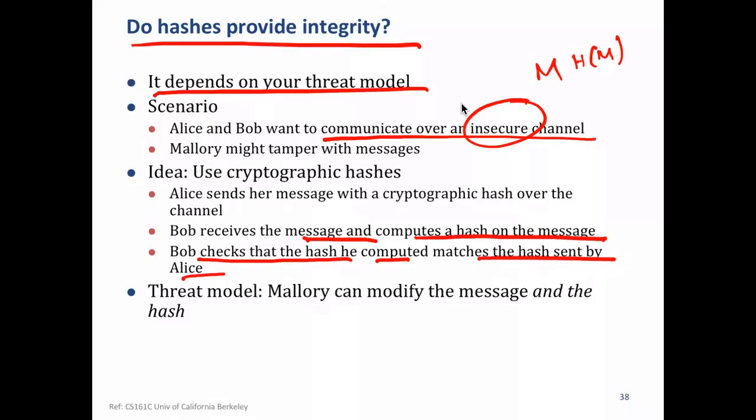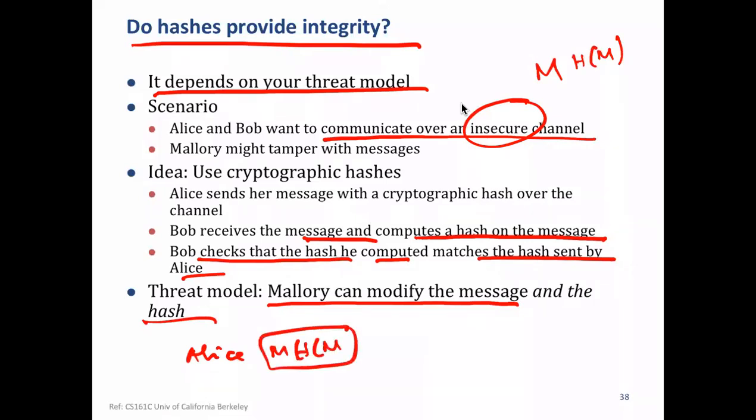The threat model is that in between, Mallory can change the message and also the hash. So Alice has sent message M and H of M. Mallory is in between, a man in the middle.